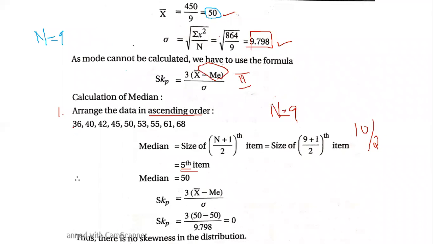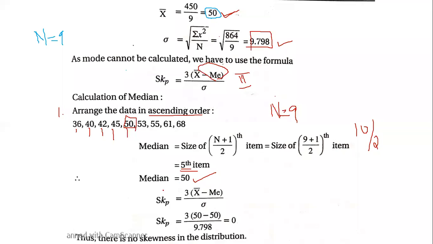In the series, which is the 5th item? 1, 2, 3, 4, 5. So the 5th item is 50 once again. Now compare: median is also 50, arithmetic mean is also 50. So both the numbers are the same. It's not a rule to get the same, we are just observing both the numbers are the same. Now we found the median also.